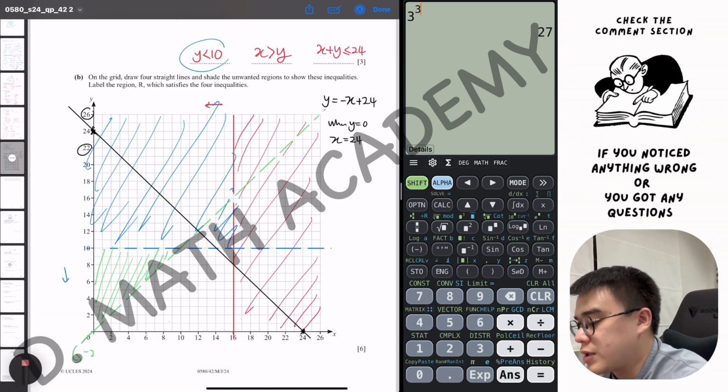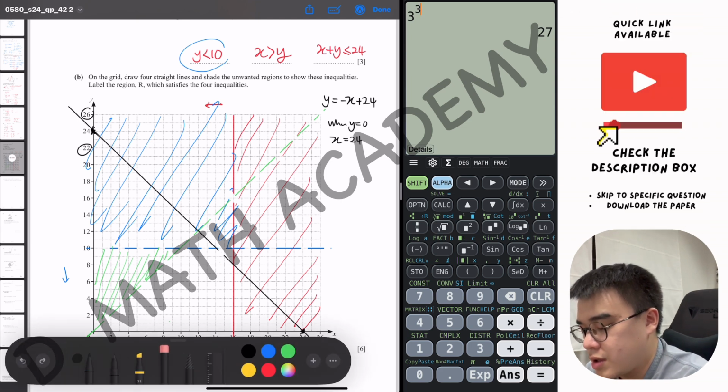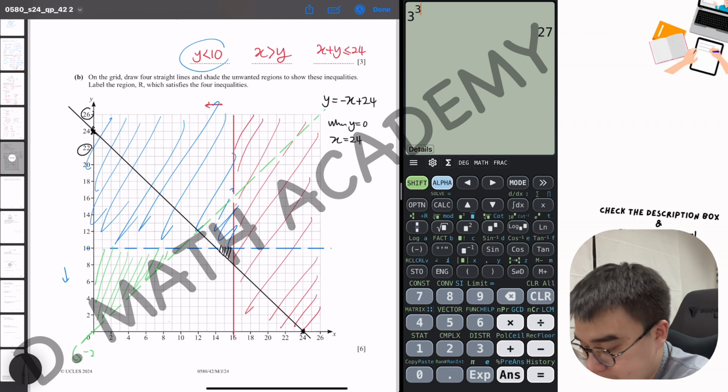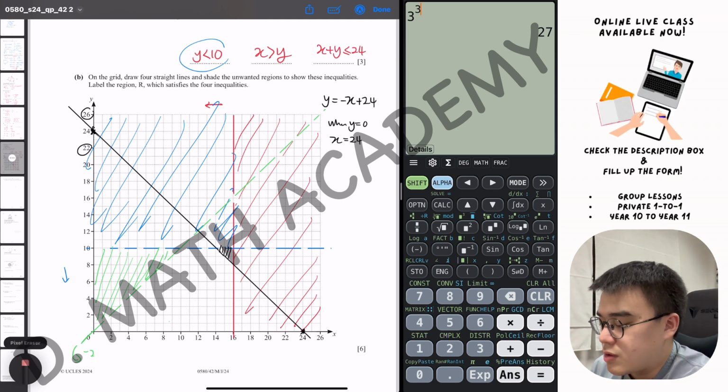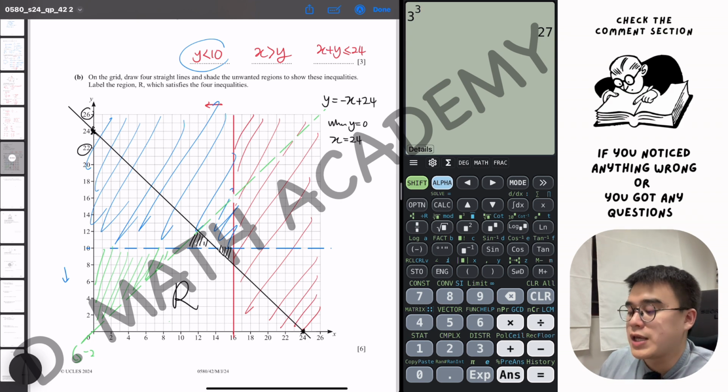So this is a reminder that we will be scraping this off, having the final answer over here as the R. So R was this part, the rest was all scraped off already.